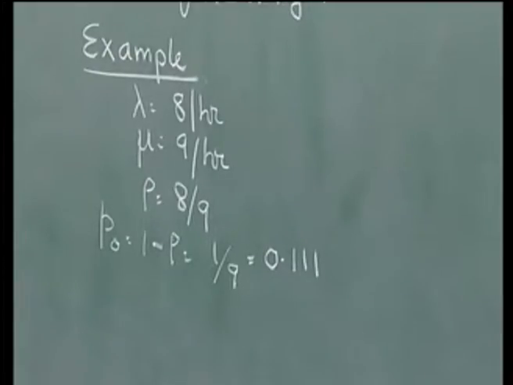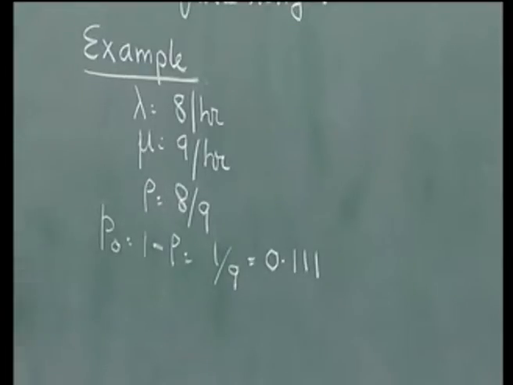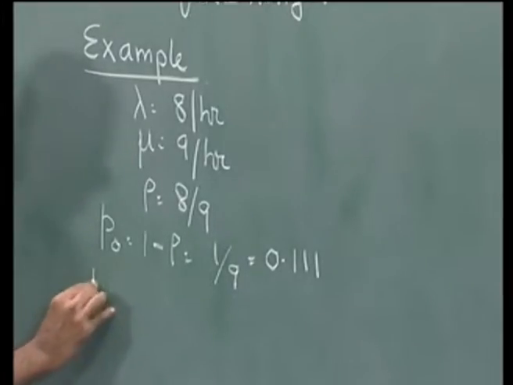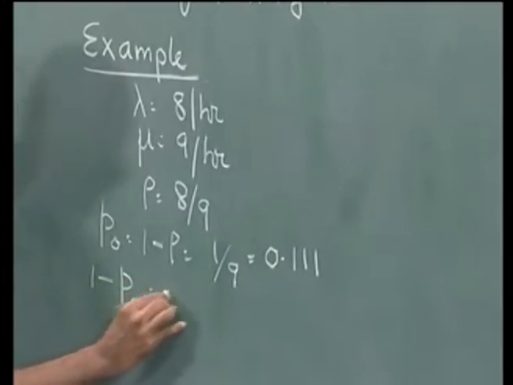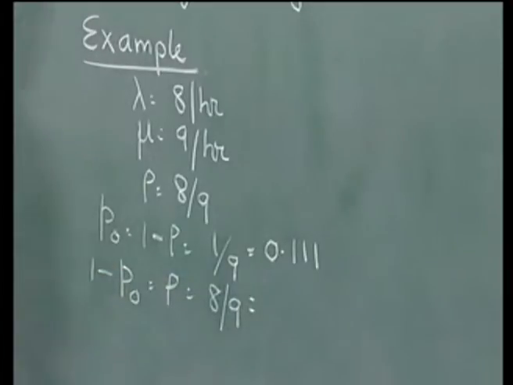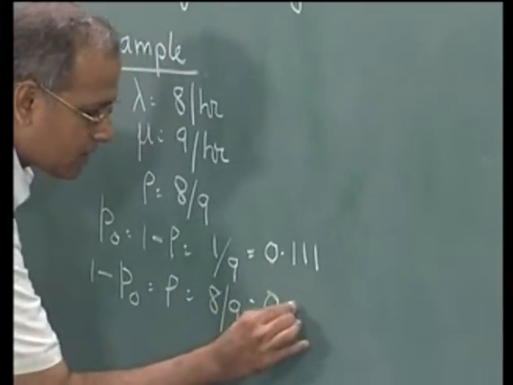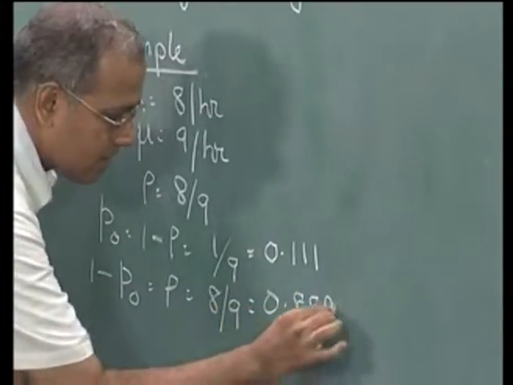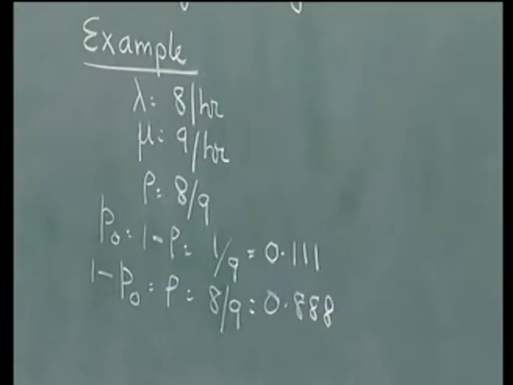When there is nobody in the system, it means that the server is free. So, the probability that the server is not free is 1 minus P naught. So, 1 minus P naught is equal to rho, which is equal to 8 by 9, which is 0.888 or 0.889.